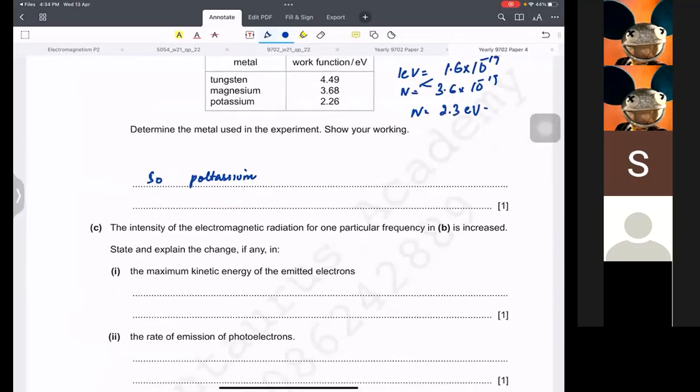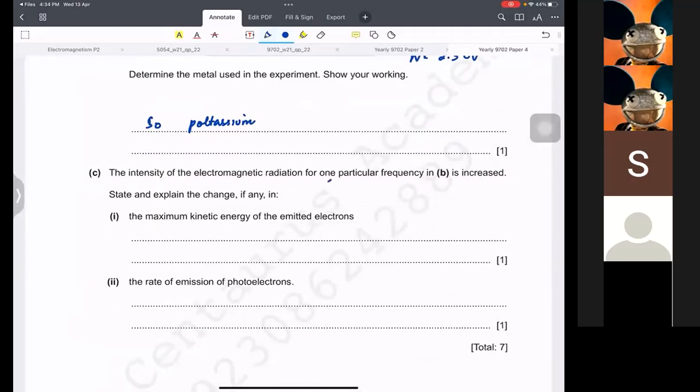Now the intensity of electromagnetic radiation of one particular frequency is increased. State and explain the change, if any, in the maximum kinetic energy. If the frequency increases, the photon would have more energy. But intensity doesn't increase frequency, so it doesn't really matter.